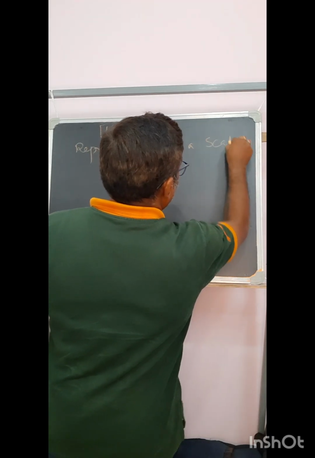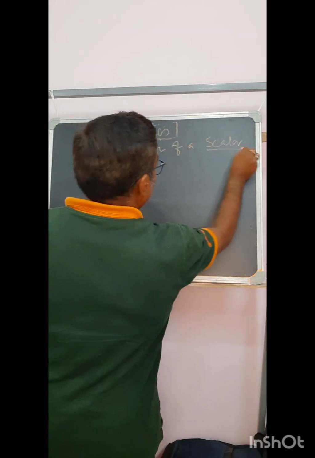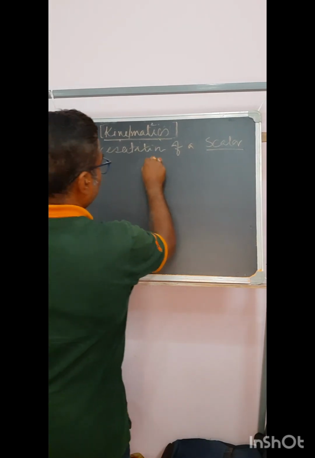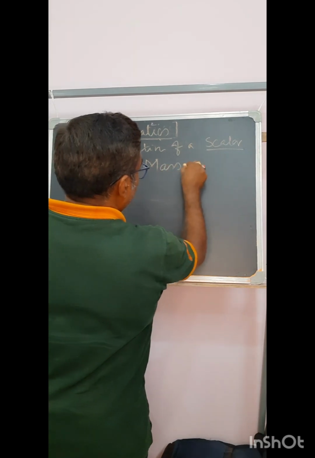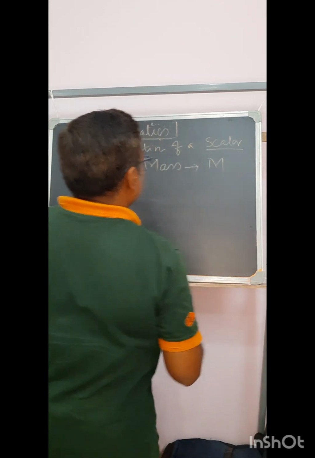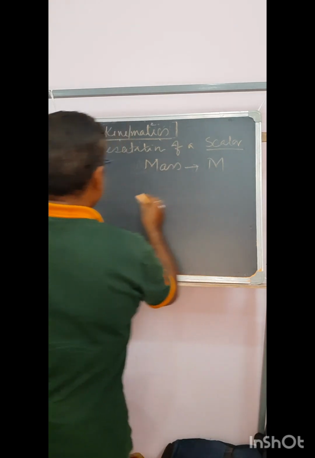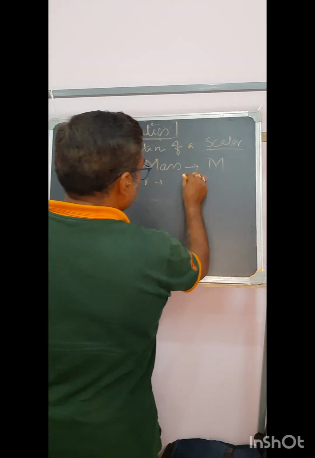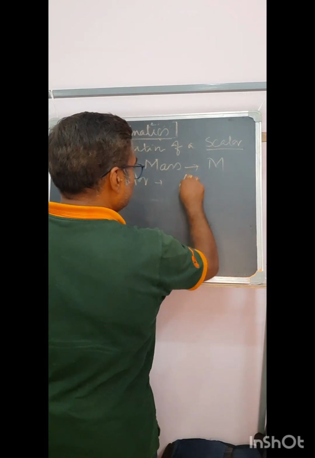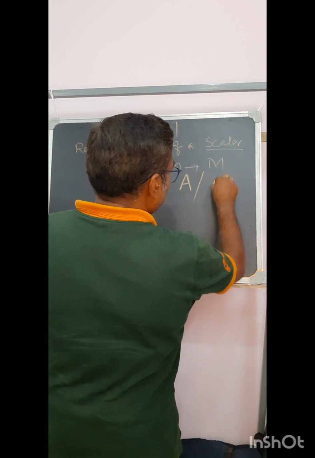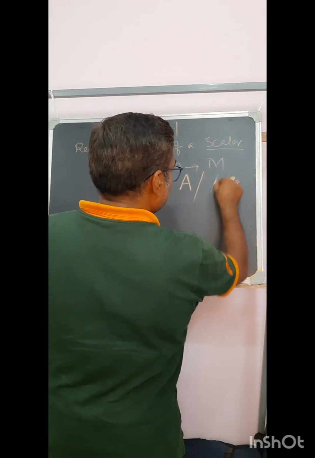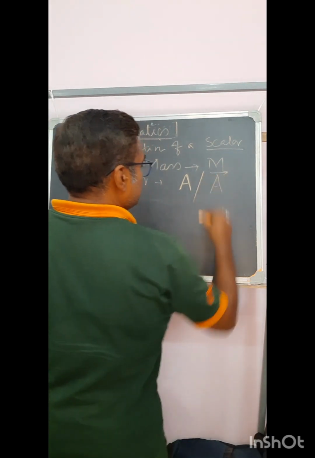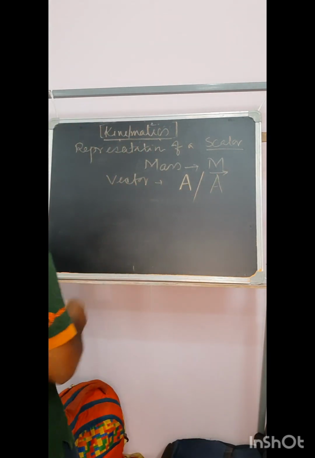A scalar is represented only by a letter, any letter A. Just like in the actual example, mass is denoted only by m. Whereas a vector is represented with a bold letter, or a letter which is not bold, with an arrow on its head; that is also a representation of a vector.